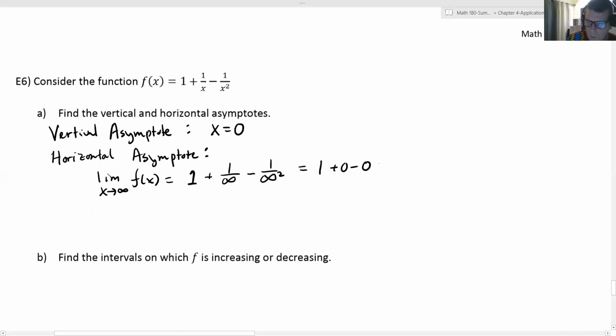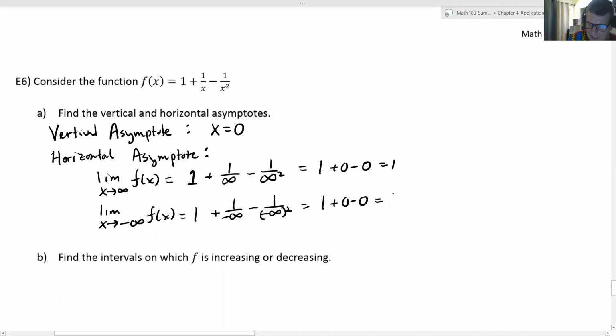So that's 1. And then our end behavior in the negative direction of f of x is just 1 plus 1 over negative infinity minus 1 over negative infinity squared, so that's 1 plus 0 minus 0. And again, that's 1. So our horizontal asymptote is y equals 1.